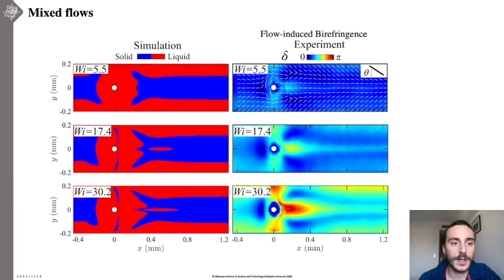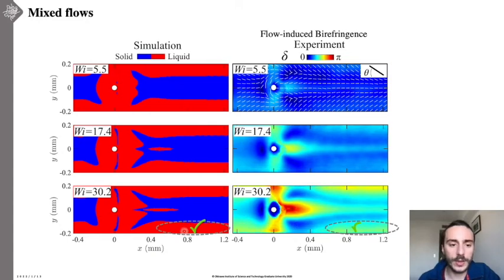And then again we can gain some information from the simulation about the yielded surfaces, the yielded region, and compare it with the birefringence. What we see is that the material is mainly yielding around the cylinder, which is the region where the stress is the highest, and also near the wall, because the shear is very high in that region.